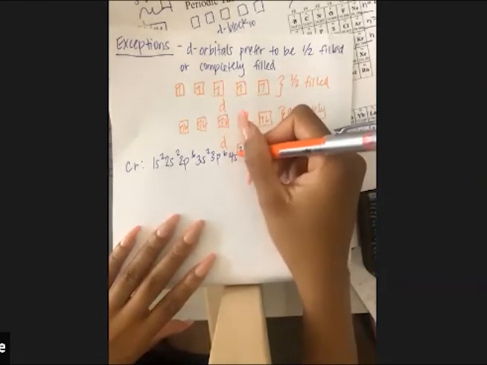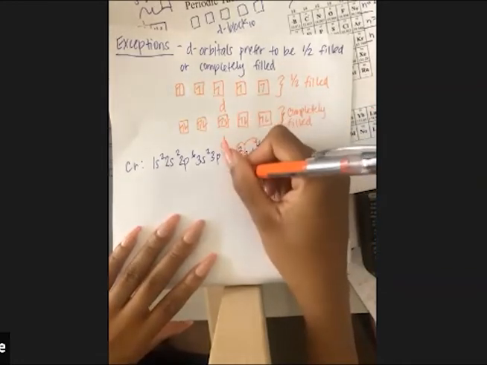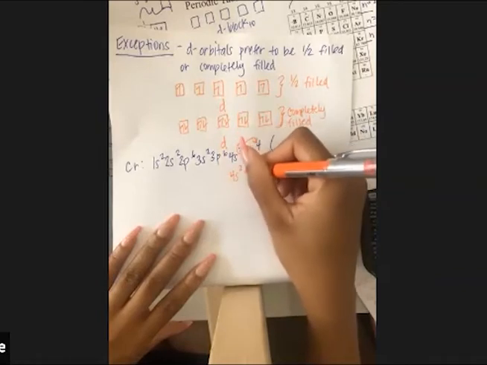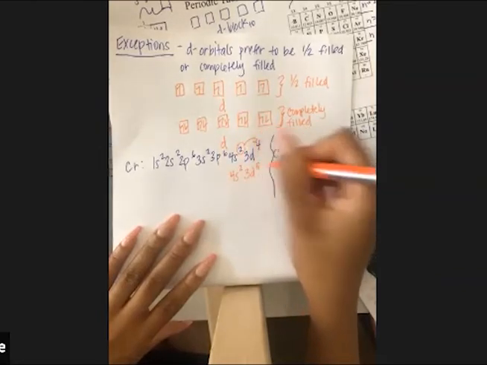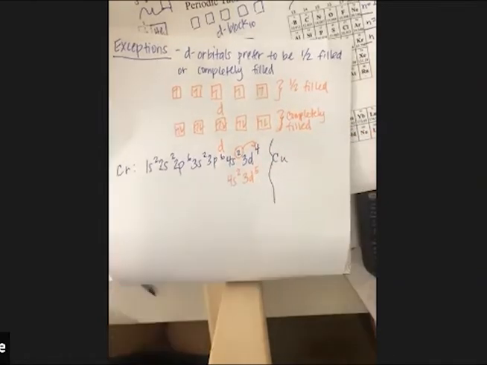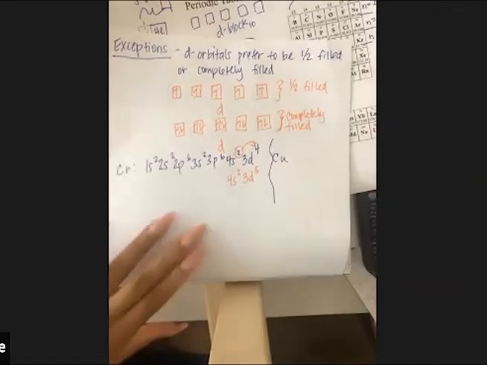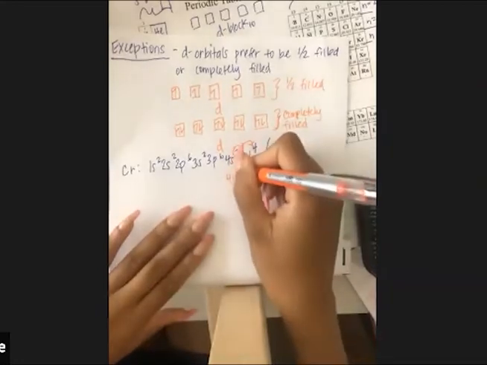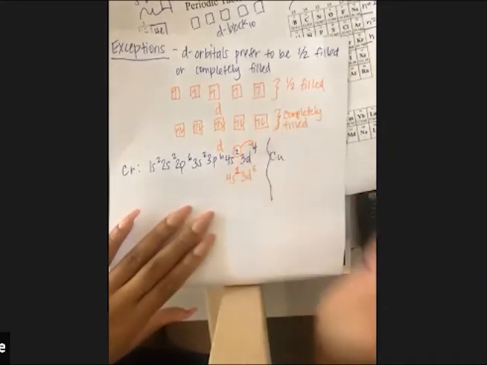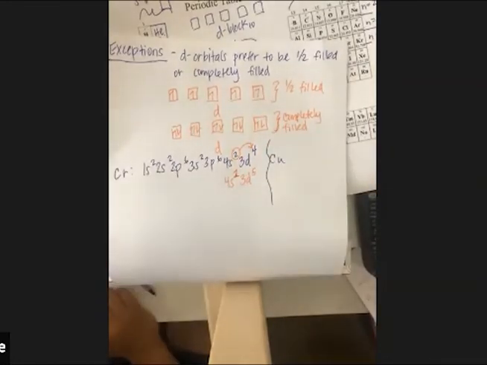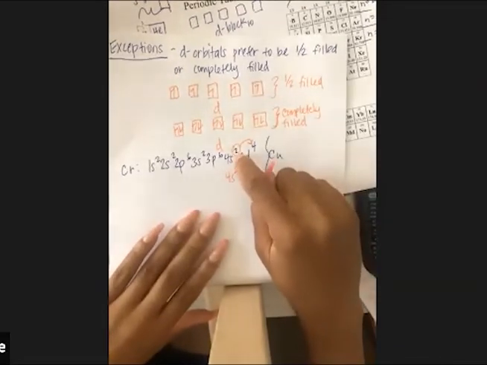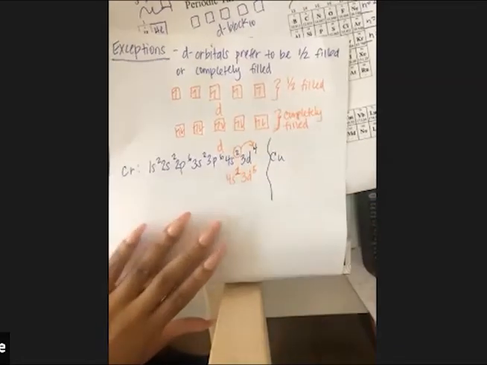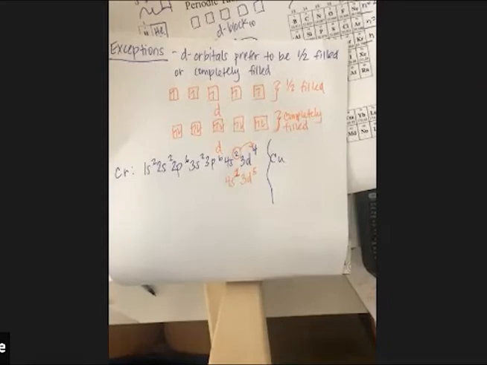So instead of 4s2 3d4, it's going to be 4s1 3d5. It took an electron from the s so that it could be half filled. It wants to do that because the atom is more stable if the d orbitals are half filled or completely filled.